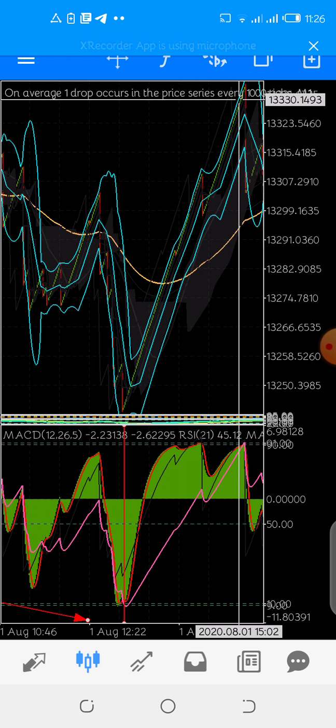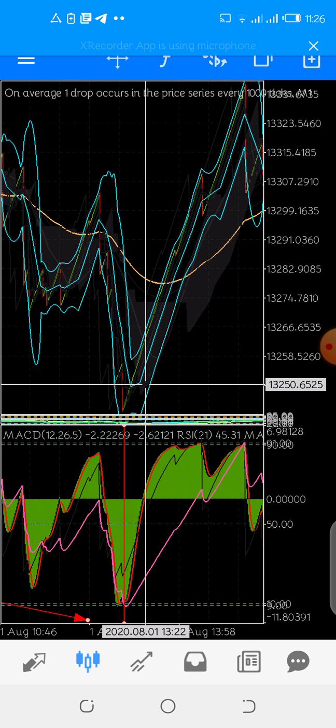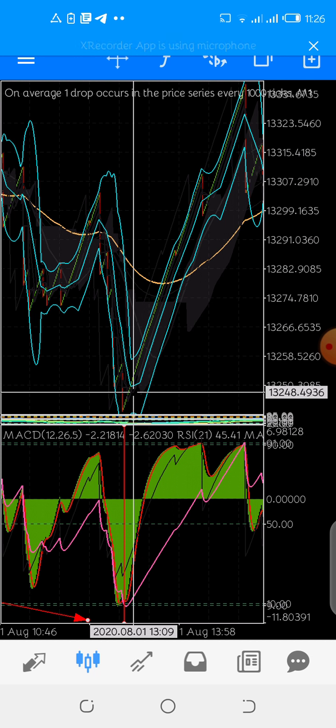Okay. So this is one strategy. And I tell you, with this trade here, you could have gotten not less than between 150 to 200 candles. That is a whole 3-hour trade.